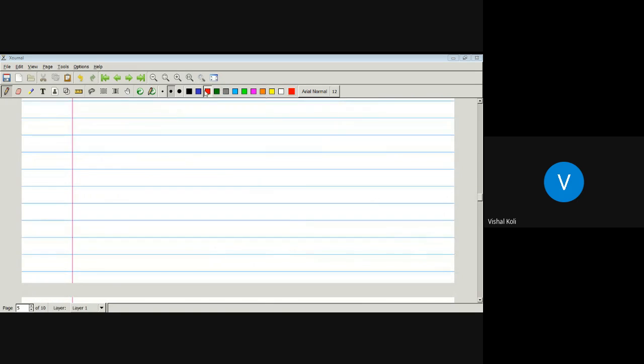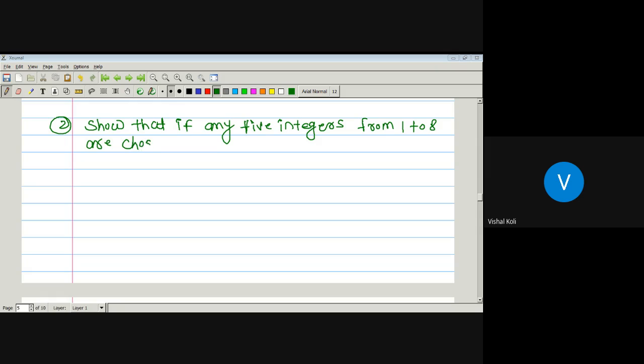Now the next one. Show that if any five integers from 1 to 8 are chosen, then at least two of them will have a sum equal to 9.